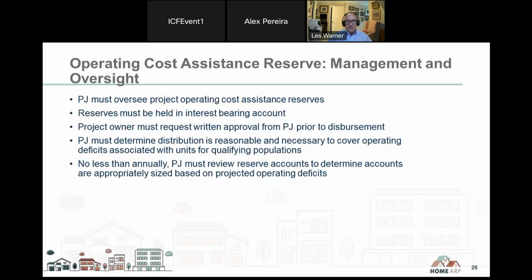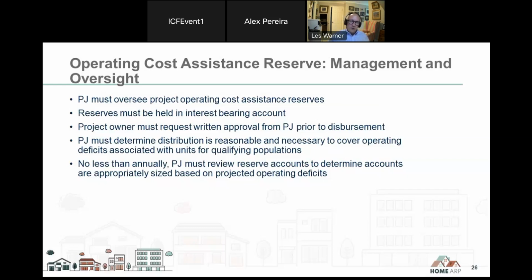So if you've established operating cost reserves for that project, which is something that's allowable under HOME-ARP, we need to make sure that those reserves are being held in an interest-bearing account. So we want to make sure that they are growing and generating a little bit of income as they are sitting there. But we also need to make sure that they are being restricted on when those funds are being drawn.